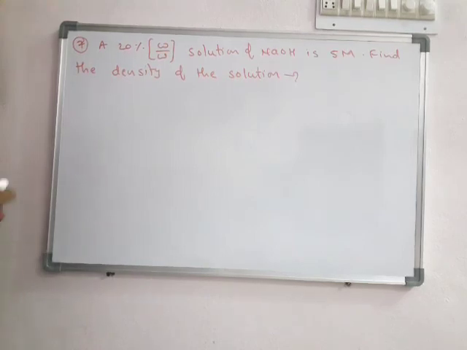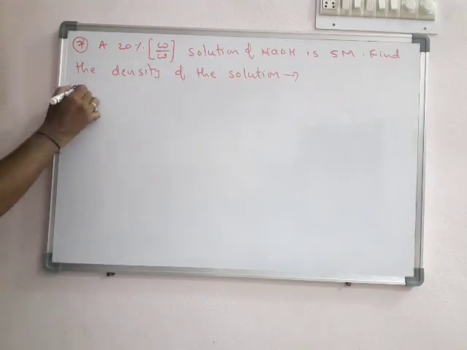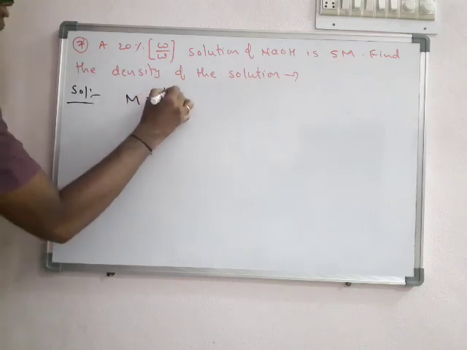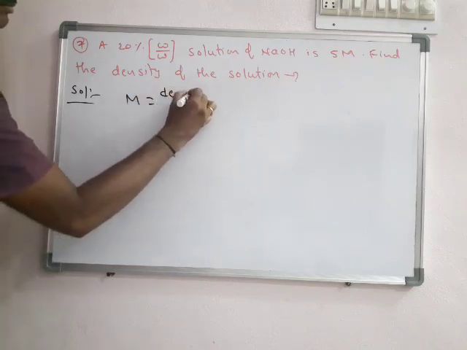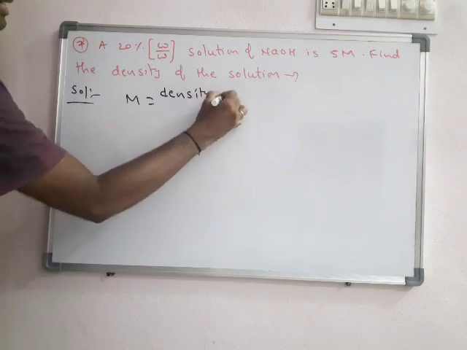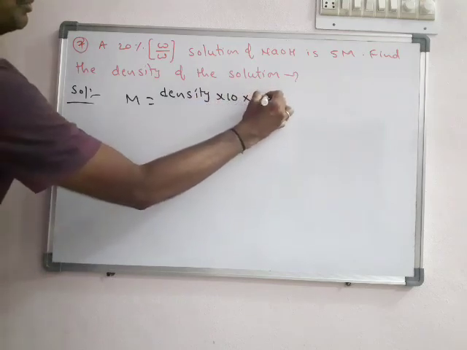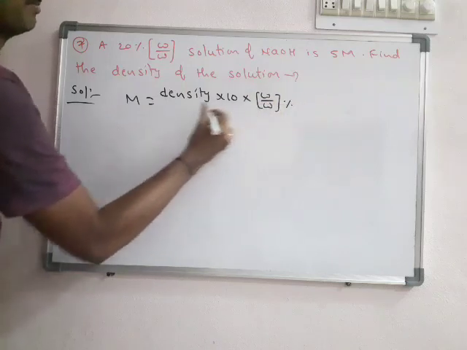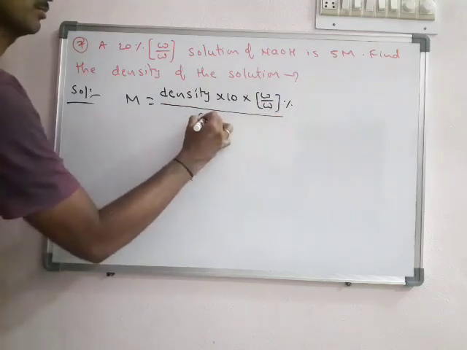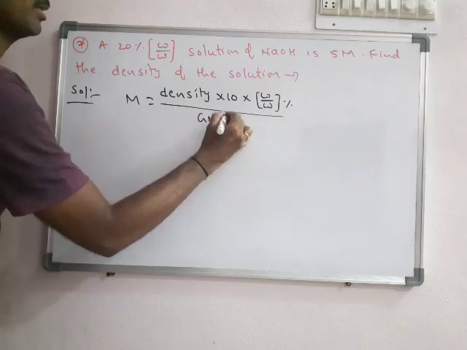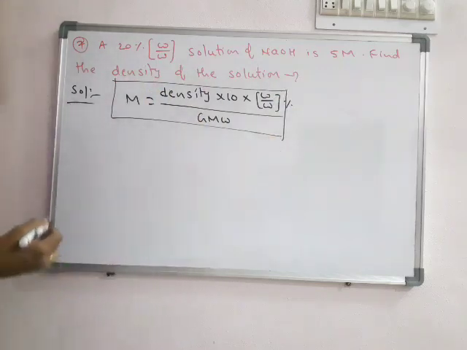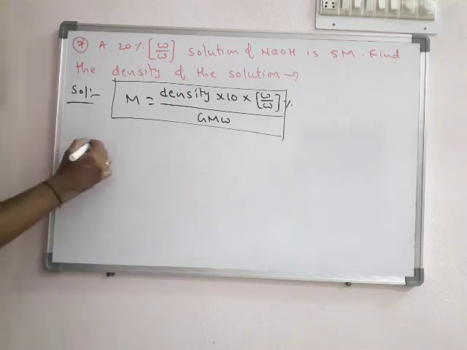So in terms of density and weight by weight, what is the formula of molarity? Molarity is equal to, we know, density into 10 into weight by weight percentage by gram molecular weight. It is compulsory to write the formula for every problem.